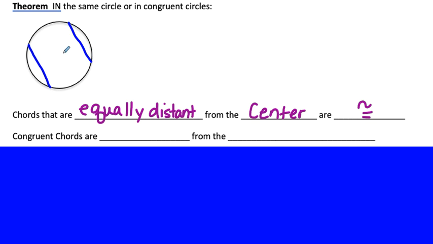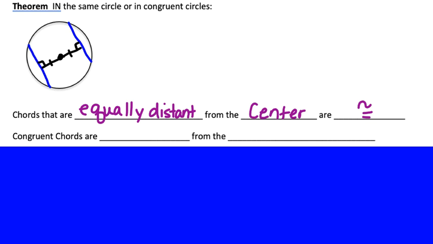Remember, a circle is the same distance all the way around. If I say these chords are equally distant from the center, by saying that these segments are equal, then the chords would have to be equal.